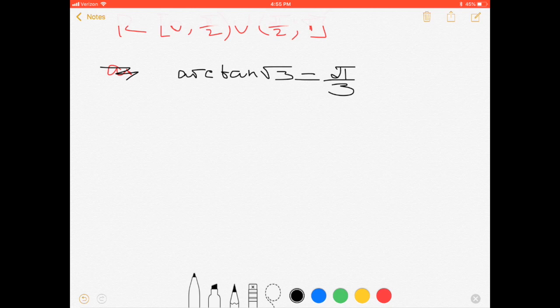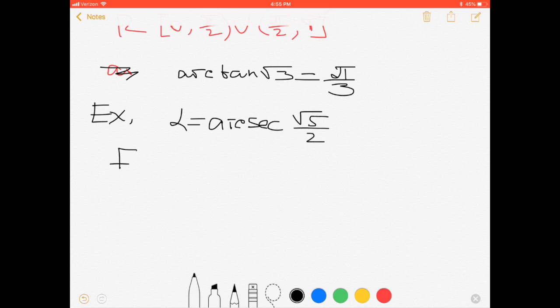One more example. I have angle alpha. I know this angle is arcsecant of square root of 5 over 2. Question: find tangent alpha.